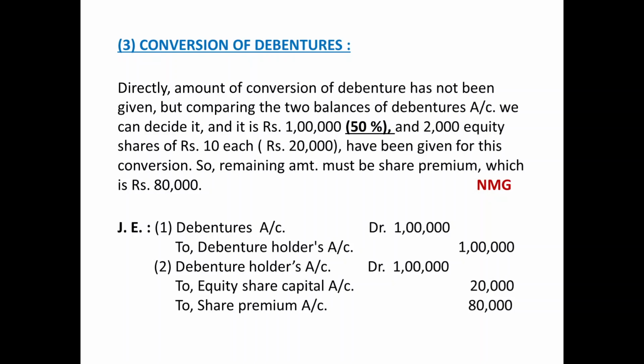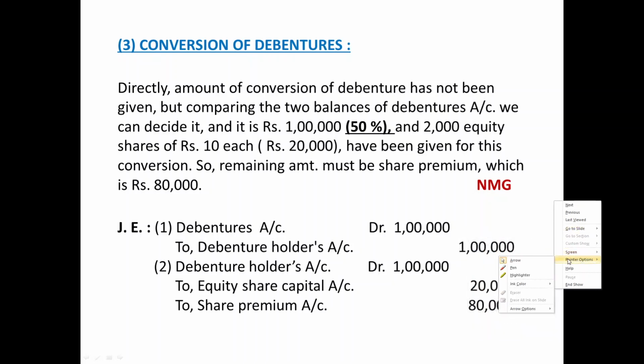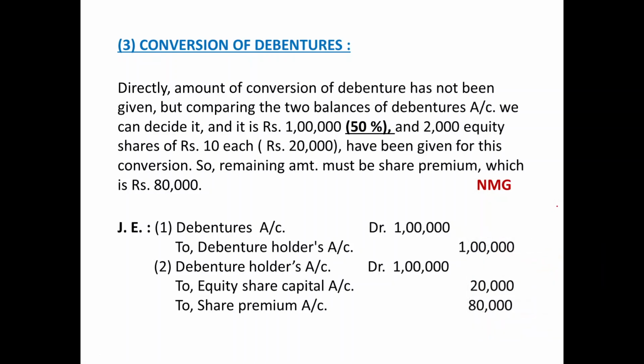Debenture holders took interest for so many years from the company and now, as per the terms and conditions, the debentures have been converted into equity shares. So the hidden point is that the company has charged the market price for the conversion of this debenture. Face value is 10. But can you imagine what would be the market price of the equity shares of the company?